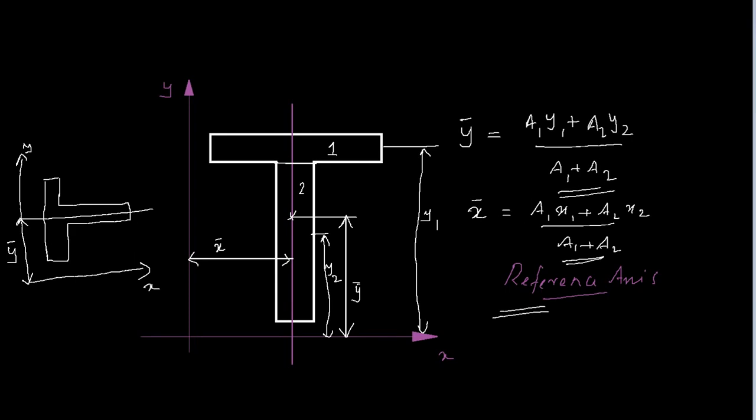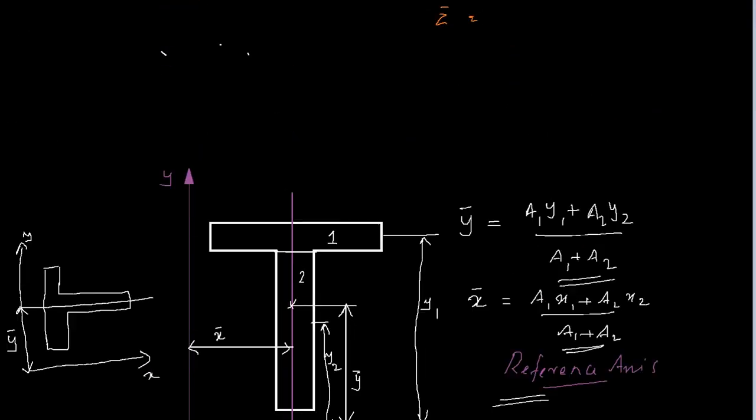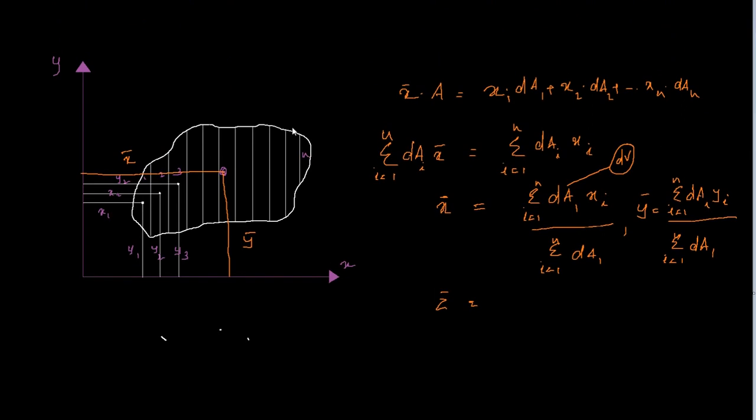So once again, going back to the original equation here, you have an area, you need to define your reference axis, and you can divide the area into a number of shapes, and you have to make sure that you divide in such a way that your shapes are standard shapes.